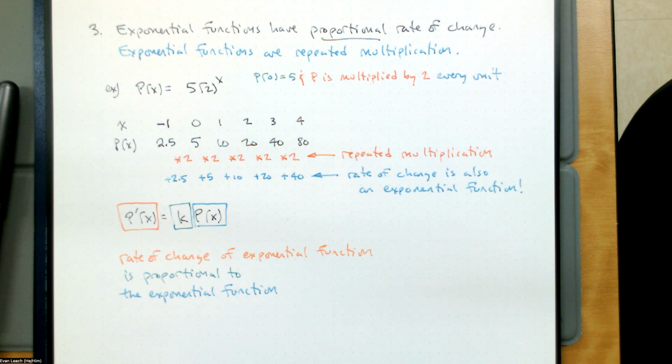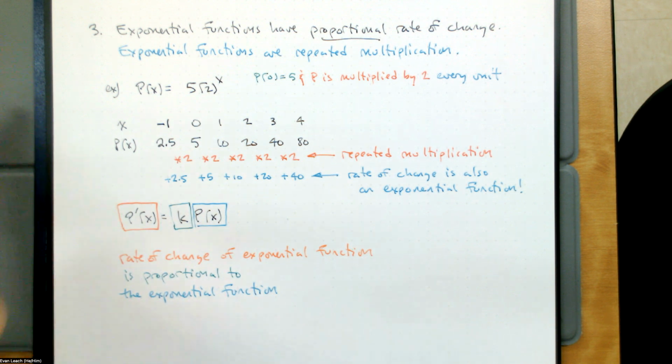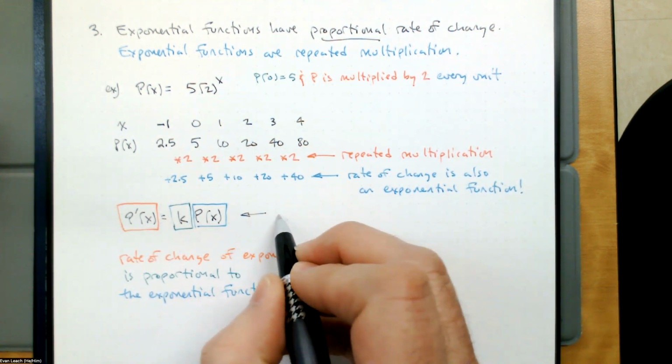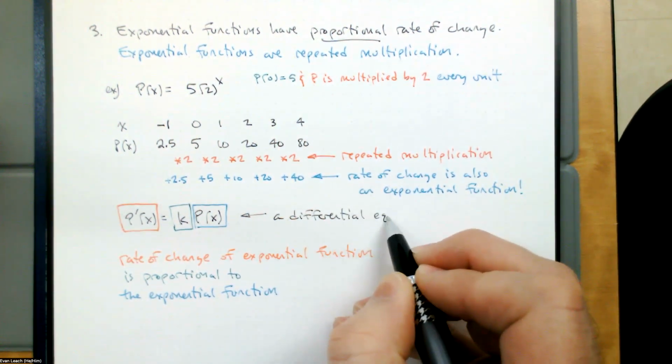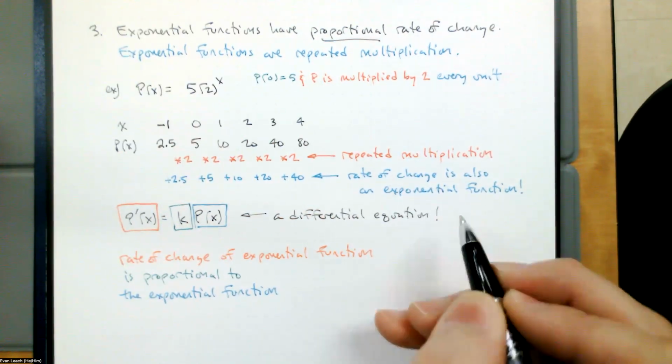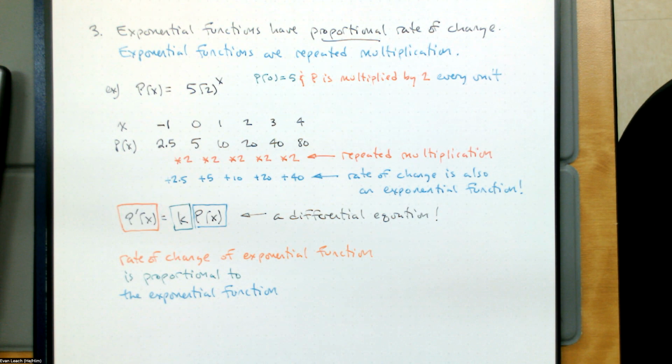That's what this differential equation is saying. That means that if p of x is twice as big, then your rate of change will be twice as big. Double the population will grow twice as fast.